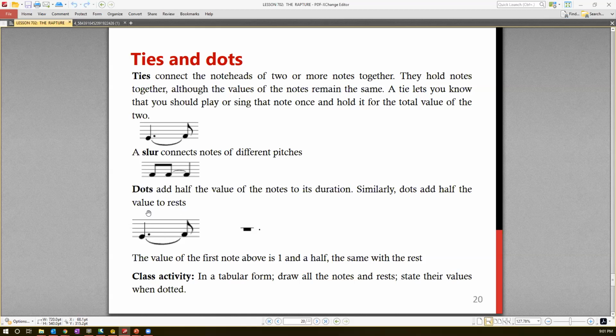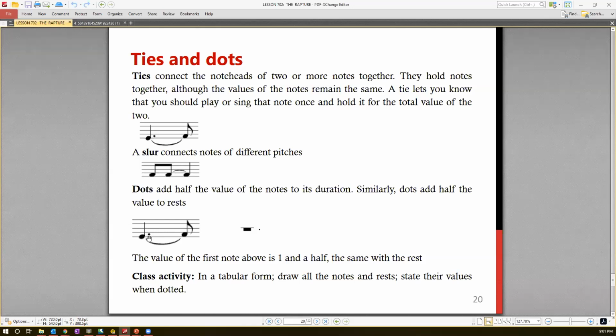And if you see a dot after any note, the dot adds half the value of this note to it. So say, for example, this is a crotchet. A quarter note or a crotchet has one beat, and then we find out that there's a dot after the crotchet.